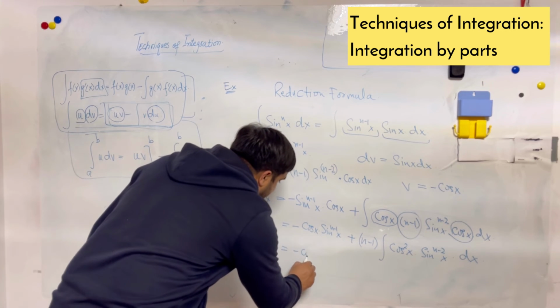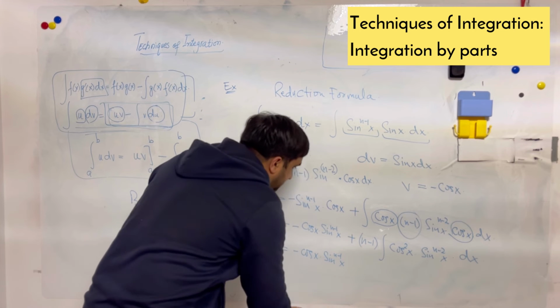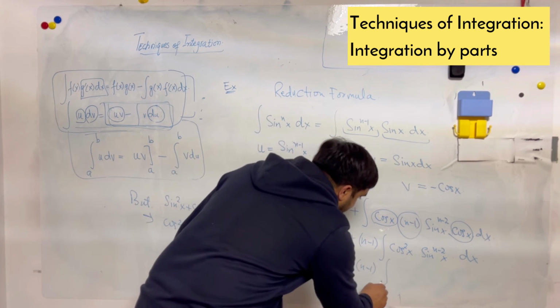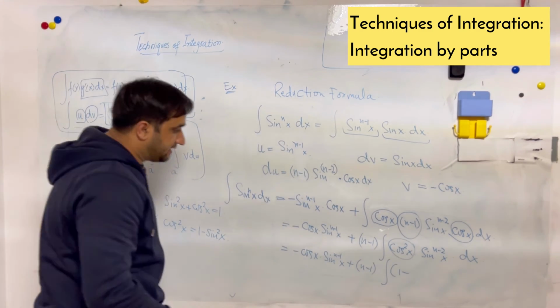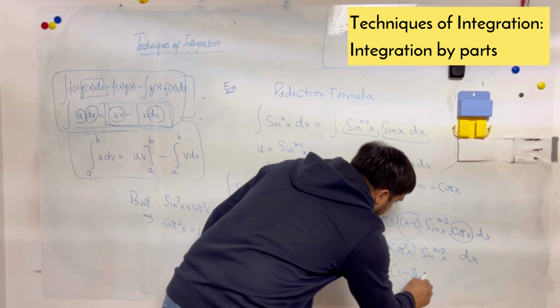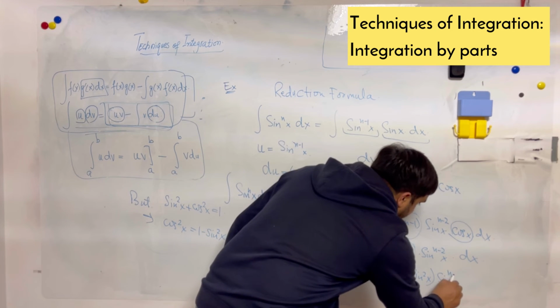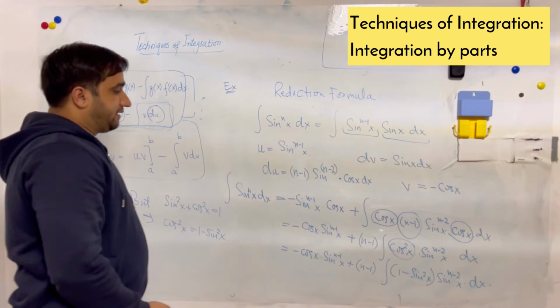So it becomes minus cos x sine n minus 1 x plus n minus 1 integral of 1 minus sine square x, into this sine whose power is n minus 2, into dx.